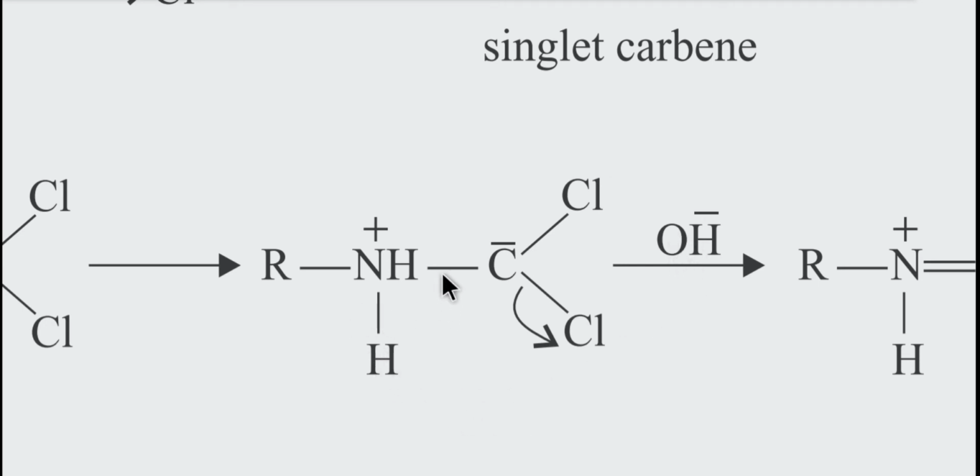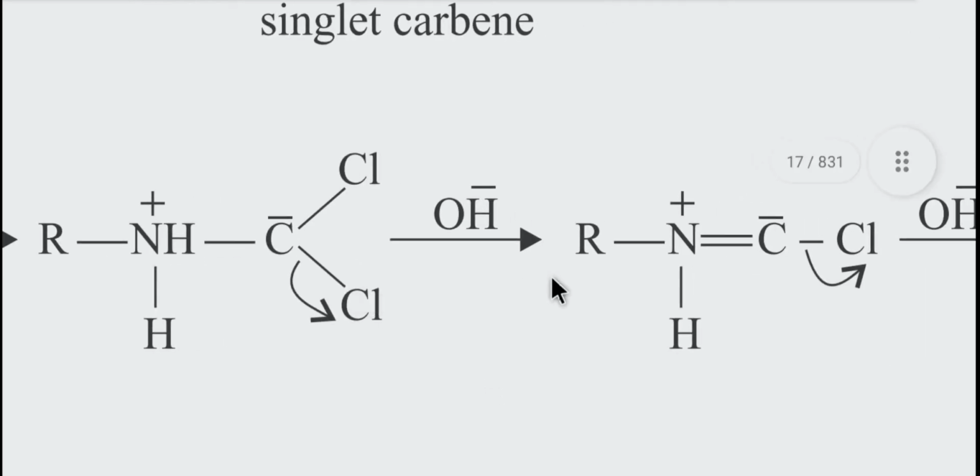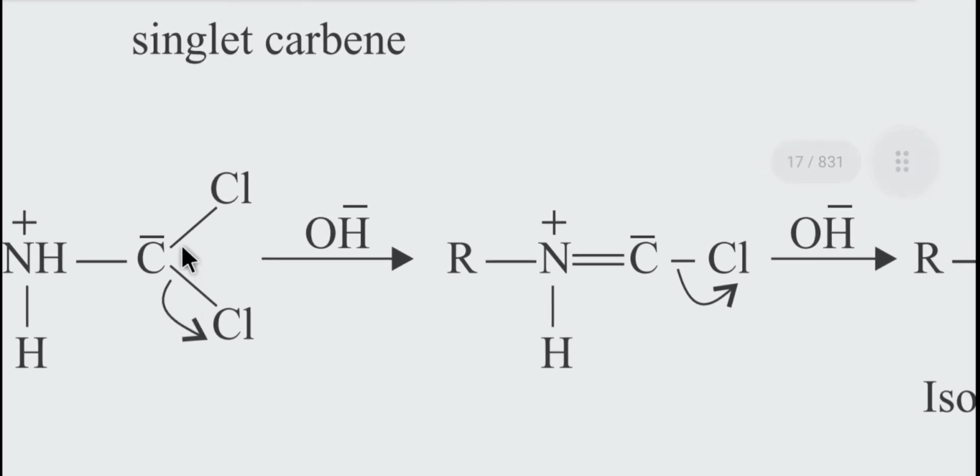The bond shifts here and a double bond is produced, and one bond between chlorine and carbon is broken. One hydrogen of nitrogen is abstracted by the hydroxyl group, the strong base. One chlorine remains, and the other goes away with potassium, producing potassium chloride.